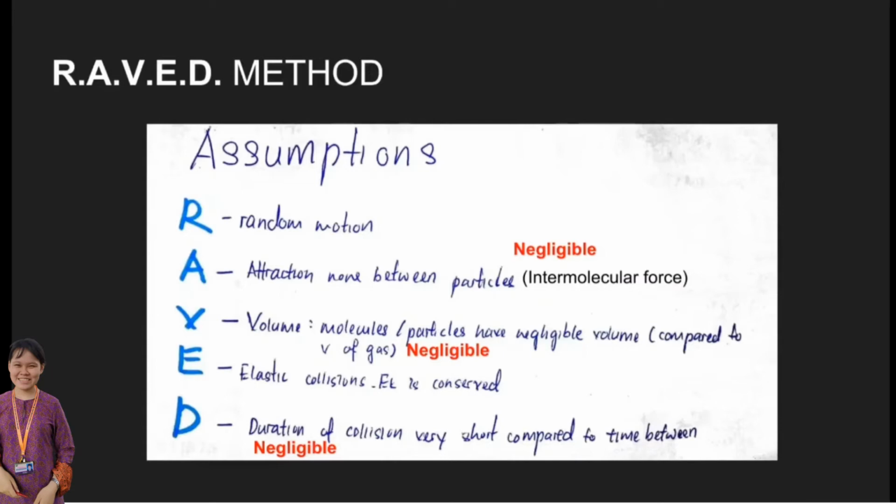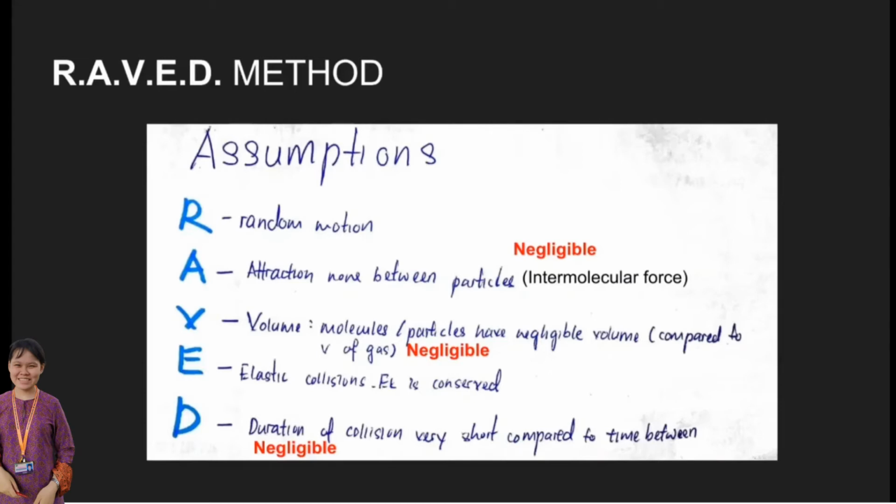And V stands for volume. Molecules or particles have negligible volume compared to volume of gas. So the volume occupied by the gas is much bigger than the volume of atoms or molecules. And E is elastic collisions. So intermolecular or molecular collisions are elastic.